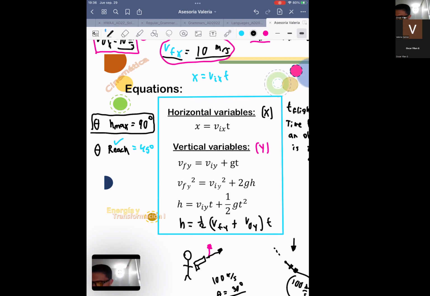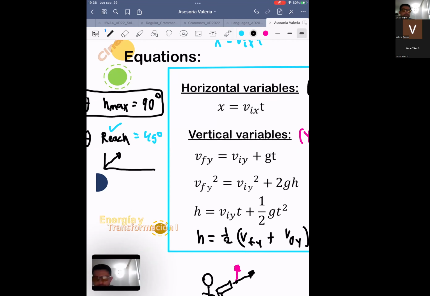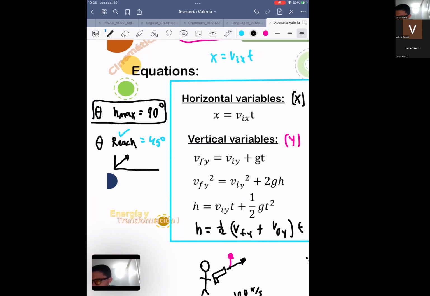For getting the best reach, that's basically the X distance, right? The best is to shoot it at 45, because 45 is in between X and Y. If you see the formula, 45 is going to maximize the velocity in Y. But the component Y is the one that affects the time of flight, right?